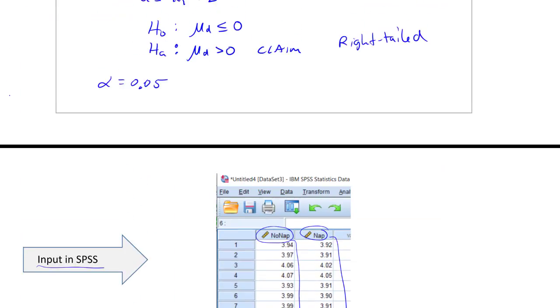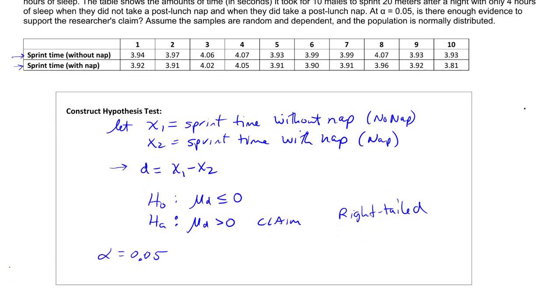So if we go back, the HA was mu d greater than 0, and that was our claim. We found that we reject H0, bringing us to HA and supporting our claim here. We're in a support mode, and we're supporting our claim.